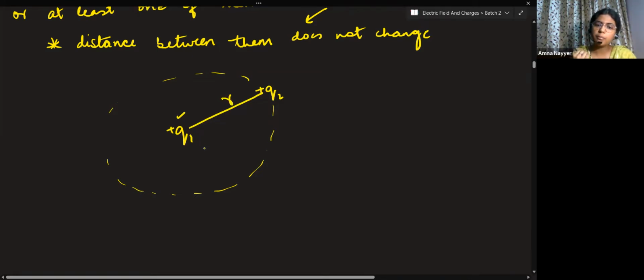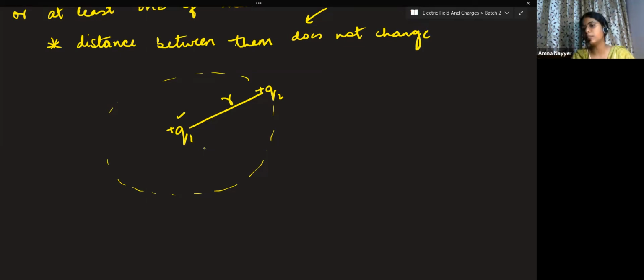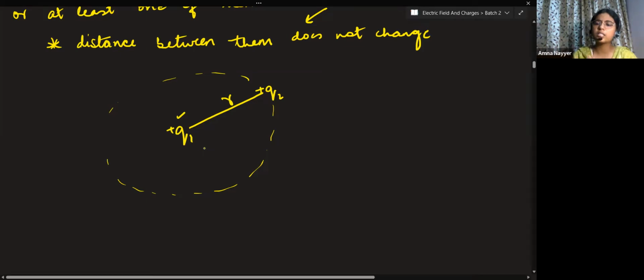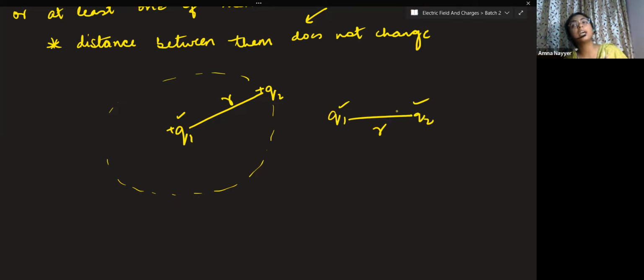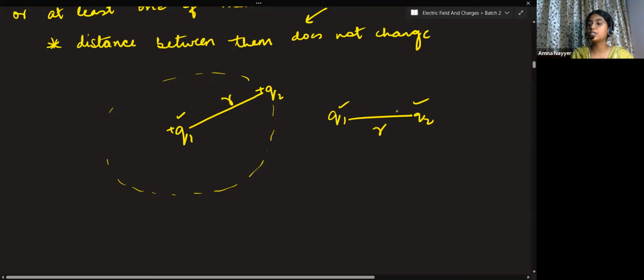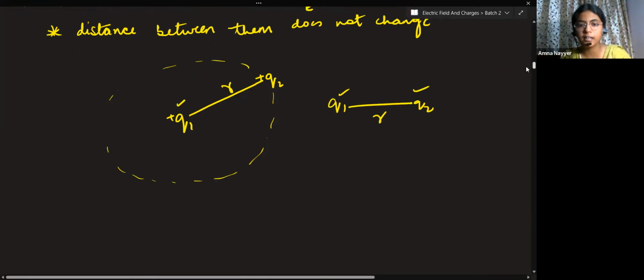Q2 will be moving. Q1 will remain static. This will apply Coulomb's law. So in such a situation, you will be able to use Coulomb's law. Or the rest situation is when both the charges are static and there is separation between these two charges. So this is the second property of Coulomb's law, which says that either both the charges should be at rest or at least one of these two charges should be at rest.